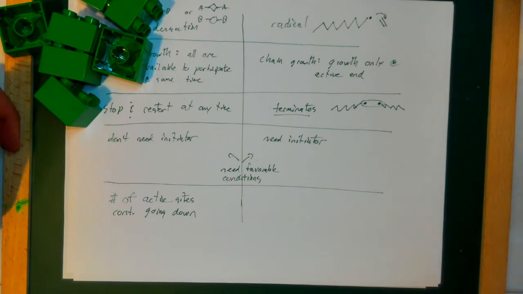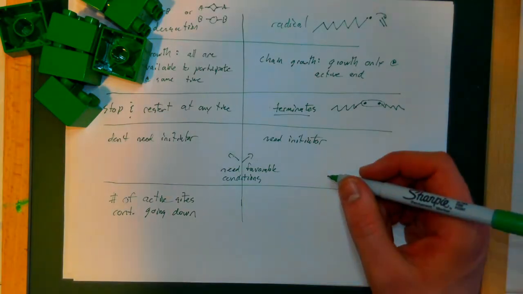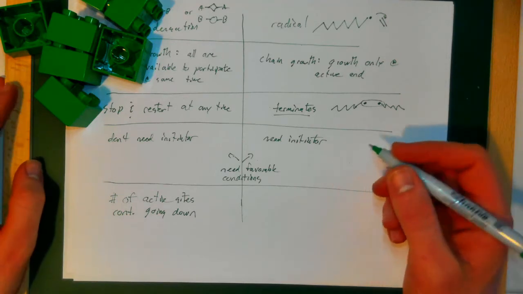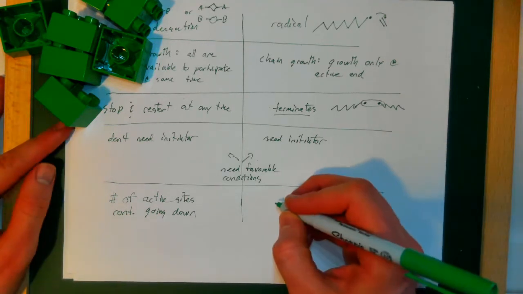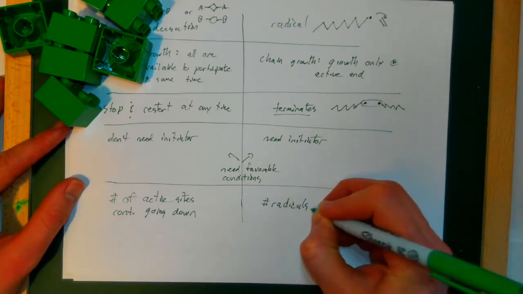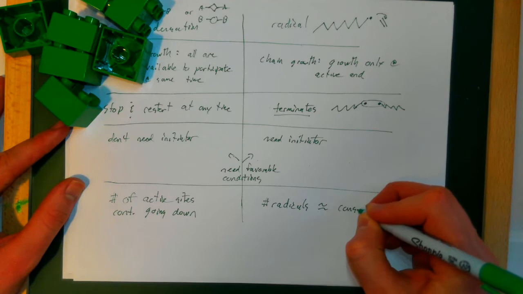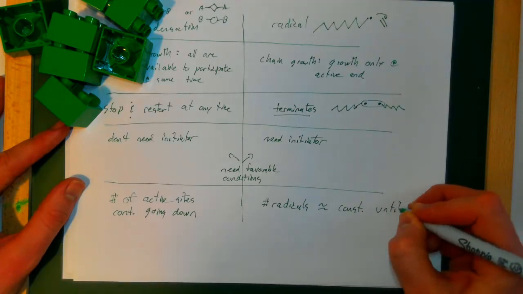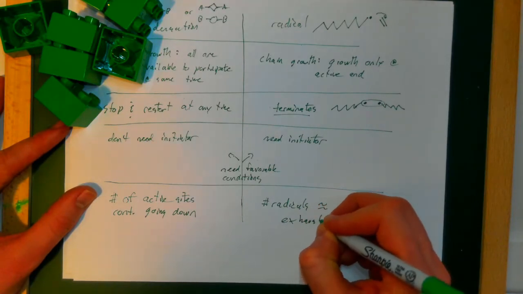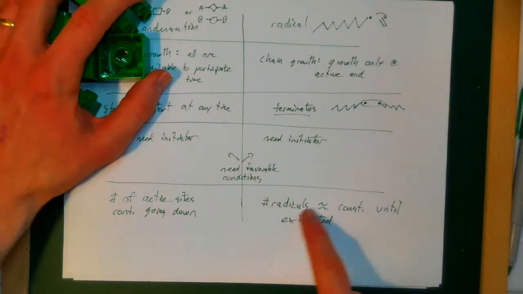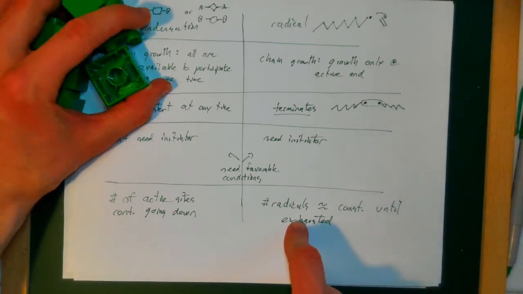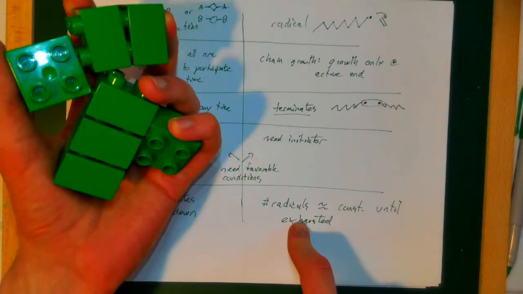So, basically the number of radicals are roughly constant until all of the monomers are exhausted, because basically the number of radicals is governed by the initiators as opposed to how complete the reaction is.